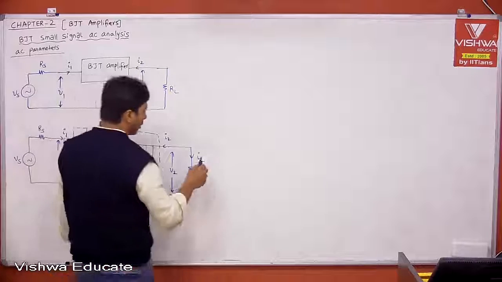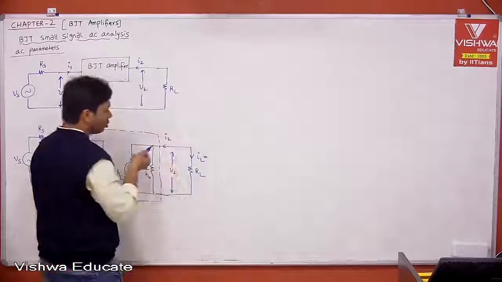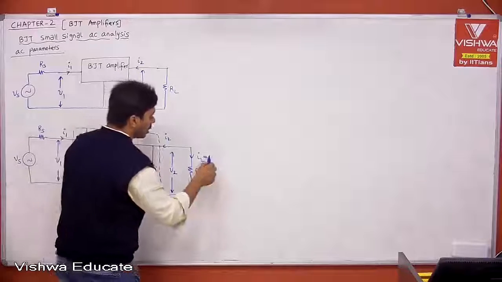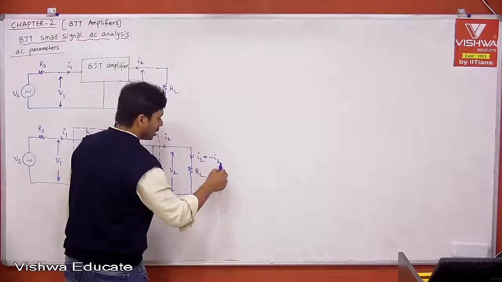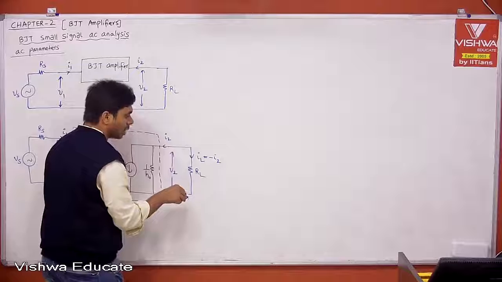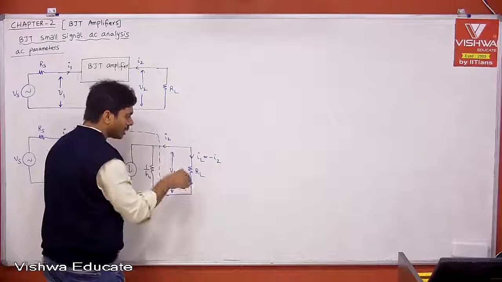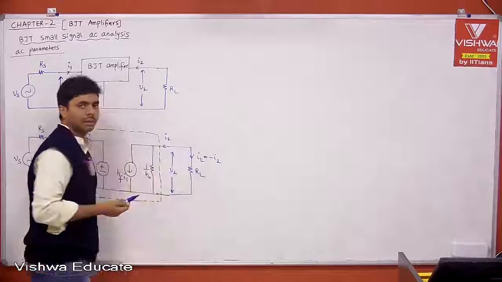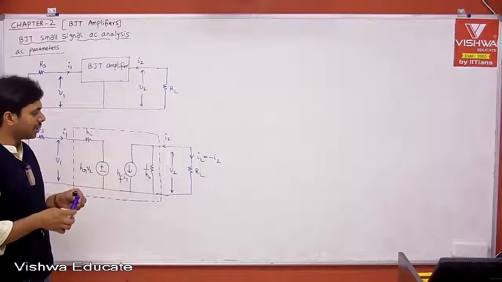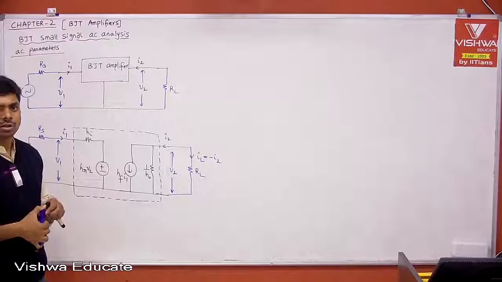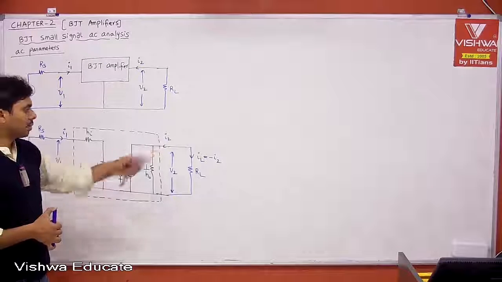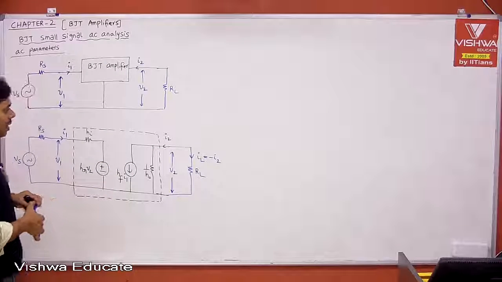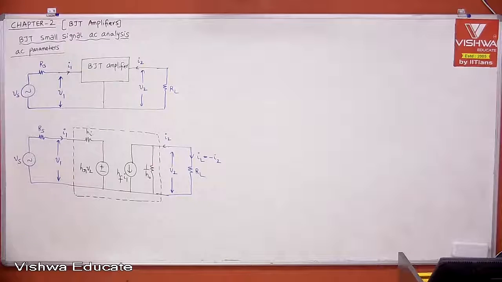With respect to the two-port network model, that is opposite. Remember, if the real current is flowing in the direction you are interested in, it will be positive. If the real current is flowing into the amplifier, that will be negative, because the direction is taken care of by the sign, minus or plus. Now, this is our BJT amplifier, excited with a practical voltage source and connected to a load at the output.